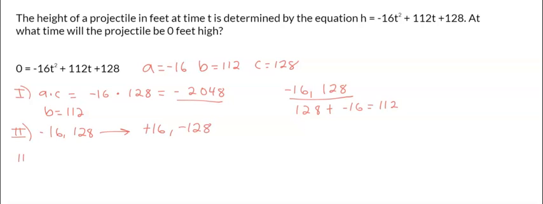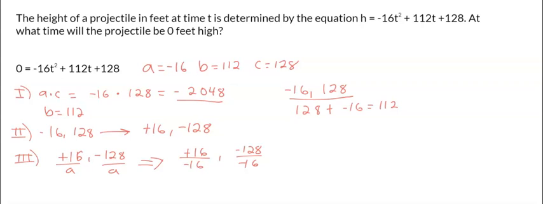Part three: we take these, positive 16 and negative 128, and divide them by A. So positive 16 divided by A, which is negative 16, and negative 128 divided by negative 16.